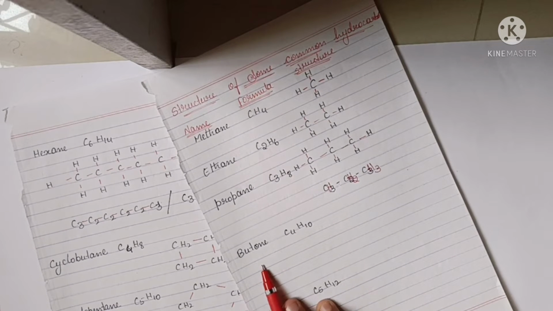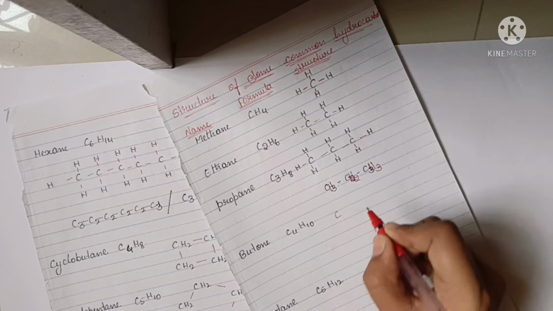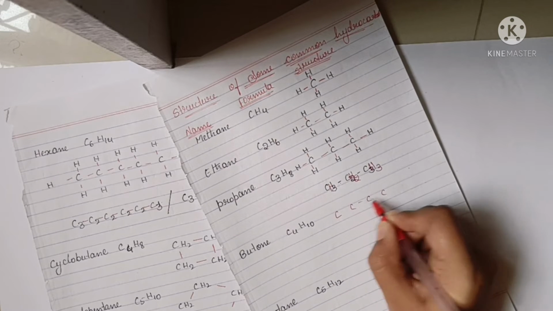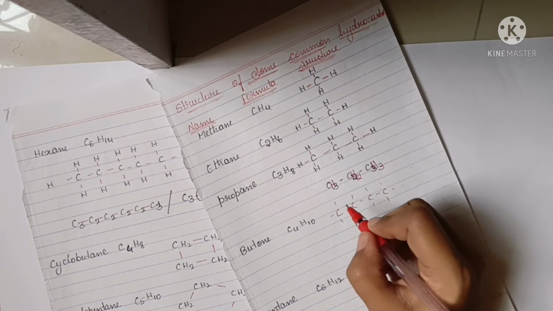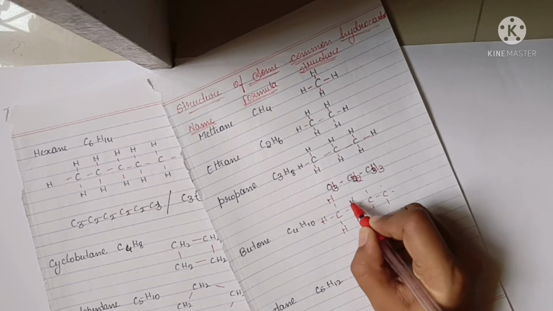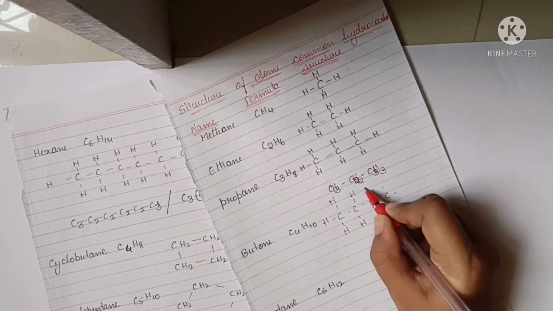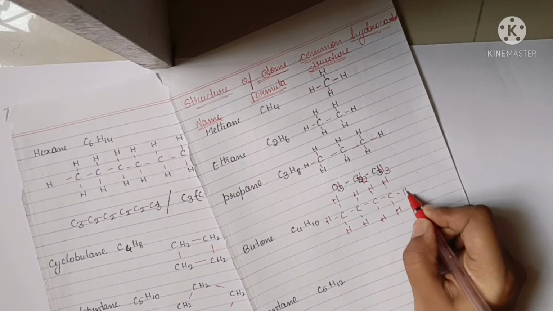And the next one is butane. But in the sense 4 carbon. So butane, how to write this structure? Let's see. First write 4 carbon, and next you just satisfy with the hydrogen. This is how to write butane.